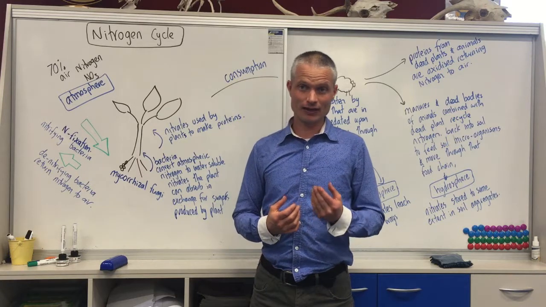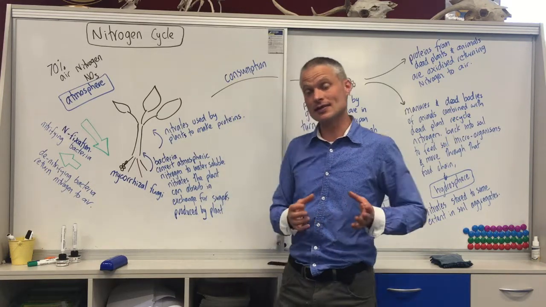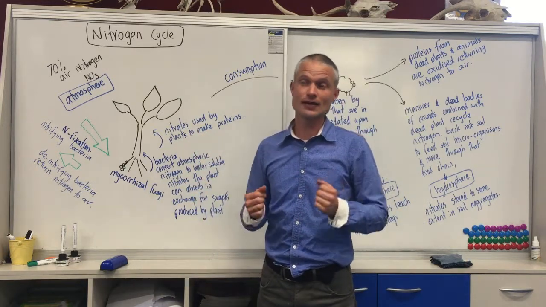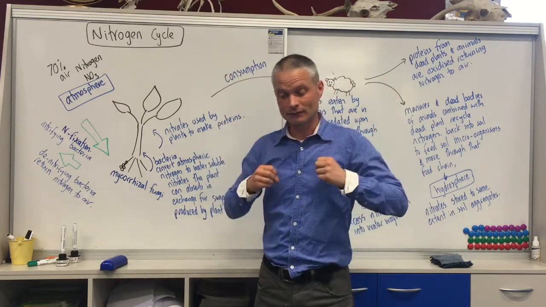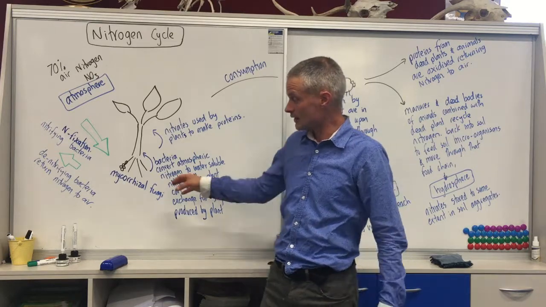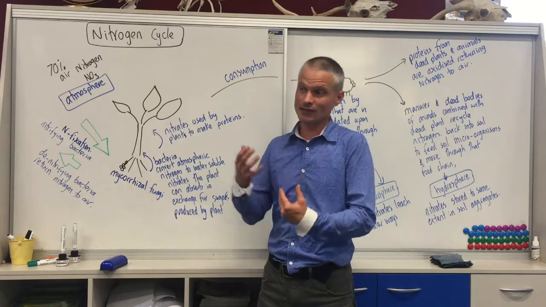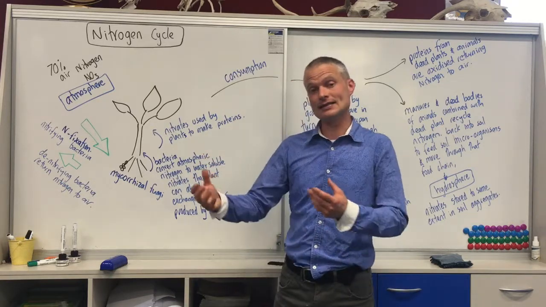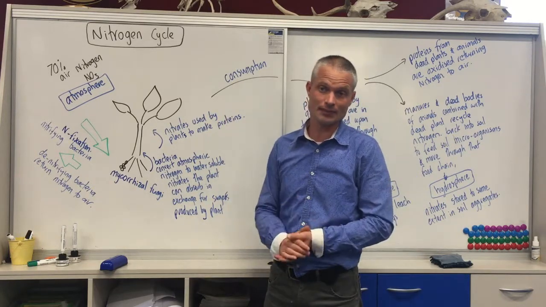And they have evolved this ability in relationship to plants so that they can provide these nitrates to plants in exchange for the sugars that plants can produce through photosynthesis and release as exudates through their roots. So the bacteria can't photosynthesize, so they've created this beneficial relationship with the plants where they take the sugars in exchange for the nitrates that they provide to the plants.